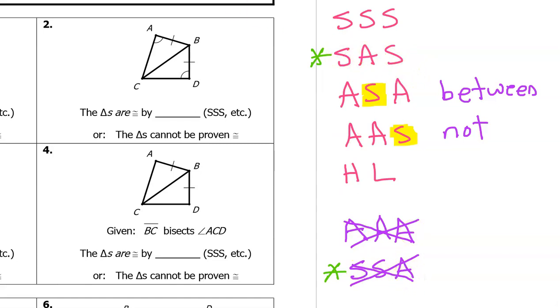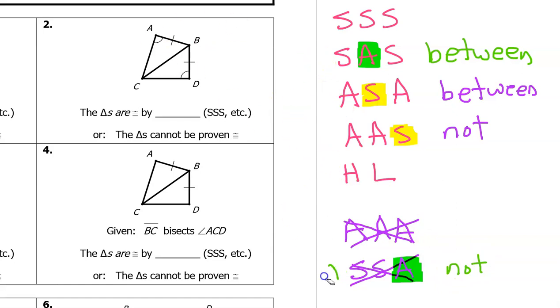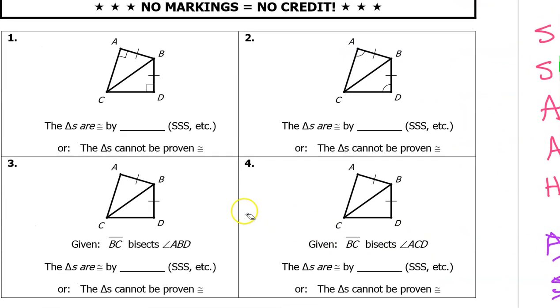And again, the way you will know the difference is for SAS, the angle is going to be between the 2 sides, whereas for SSA, the angle is not between the 2 sides. So just keep that in mind as we go through. A couple of examples will clear this up.